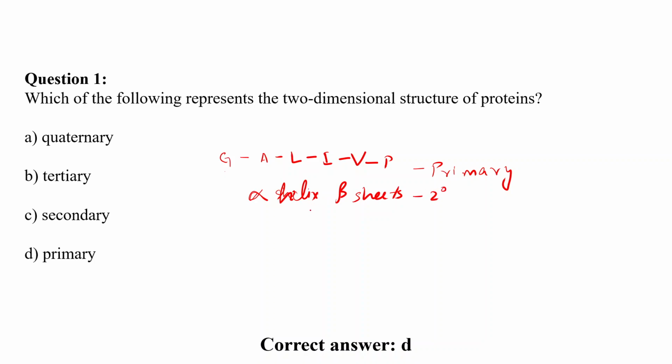Then further these alpha helix and beta sheets get arranged into three-dimensional space. So primary sequence is basically two-dimensional. Then comes the three-dimensional structures, that are secondary, tertiary, and quaternary. Secondary means whether the amino acid sequence is making a helix or a sheet or turns, loops.